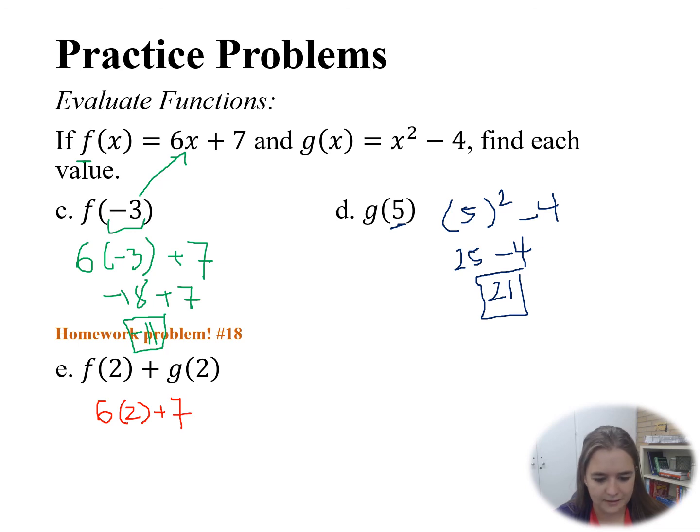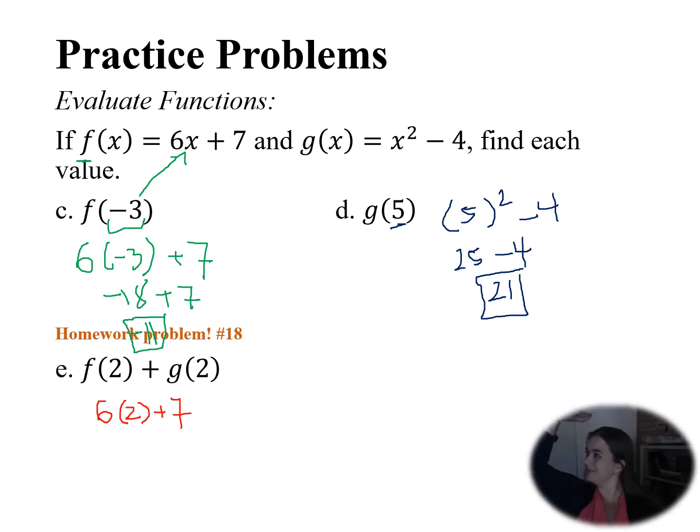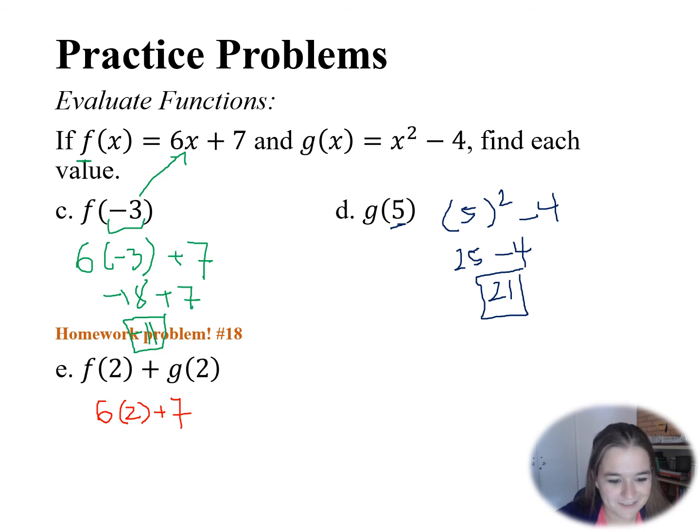And then I need to find the value of g of 2. G of 2 tells me the quantity 2 squared minus 4. Order of operations tells me that I need to deal with this exponent first before I do anything else. So I'm going to leave that 6 times 2 alone, plus 7.